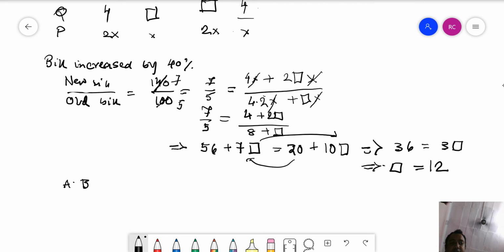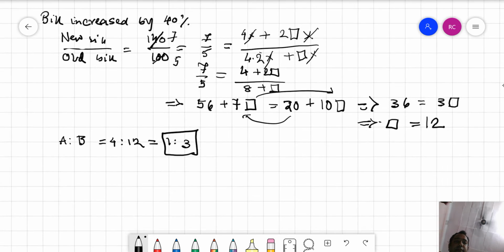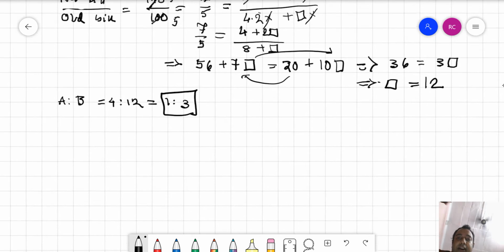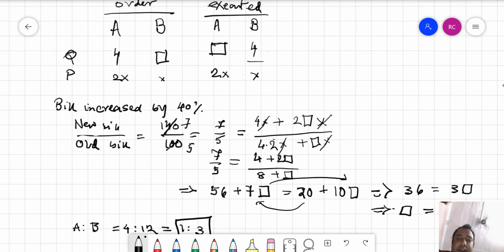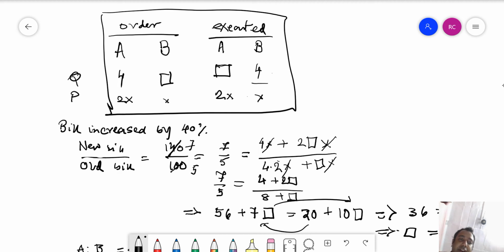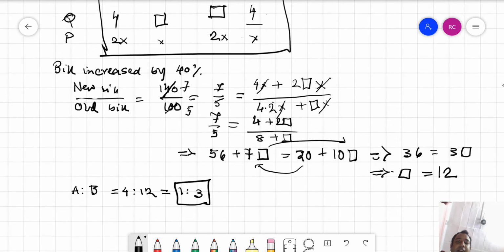So A is to B would be 4 is to 12, which is equal to 1 is to 3. So 1 is to 3 would be the correct answer. So that was problem 1, which I think I could explain pretty clearly. The way to shorten the problem is basically by drawing it pictorially. That would give you a better understanding of what the problem is trying to say.